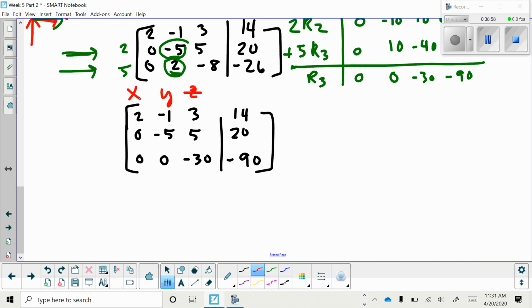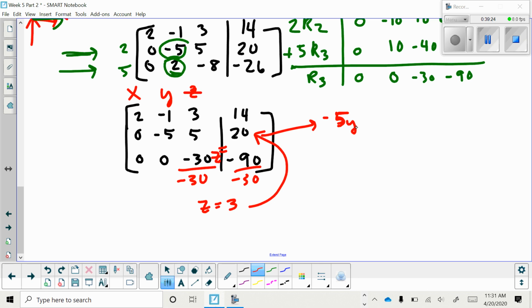So that bottom row really means -30z equals -90. To solve, you just divide both sides by -30, and z equals 3. Okay, that's cool. Back substitute here. I have 0 x's there. I have -5 y's plus 5z. I now know that z is 3, equals 20.